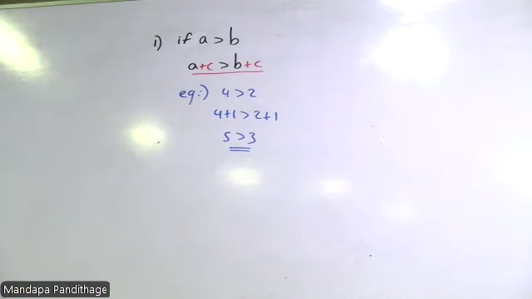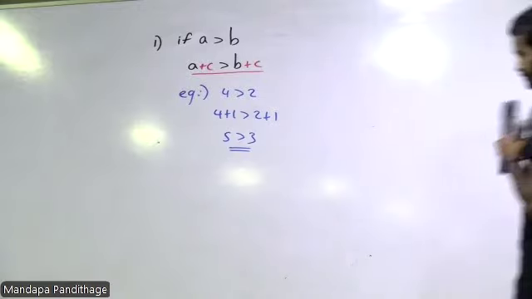Then write it: if A equals B, then you can add C to both sides.